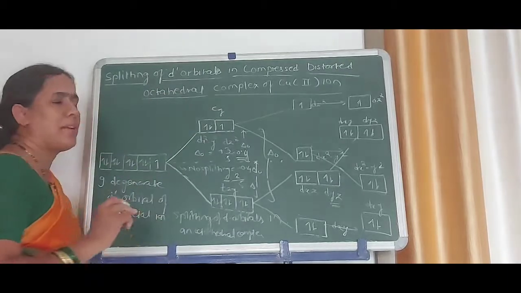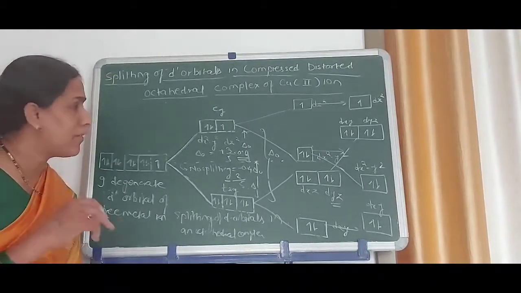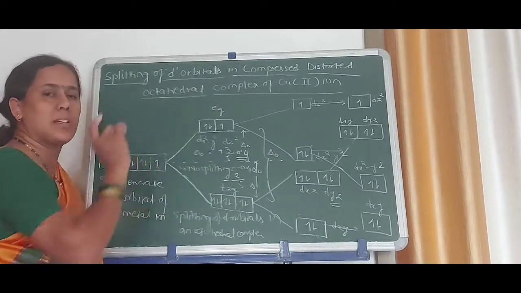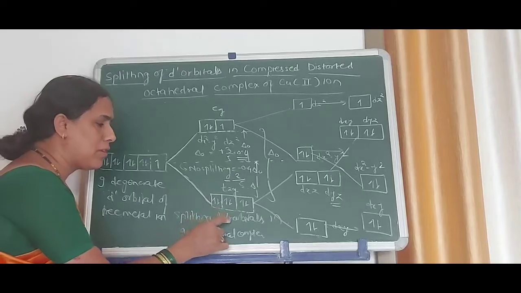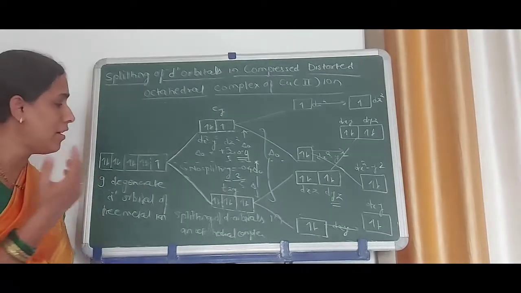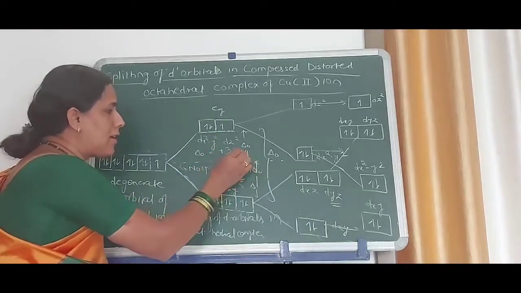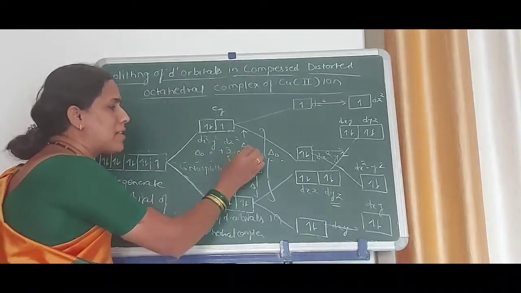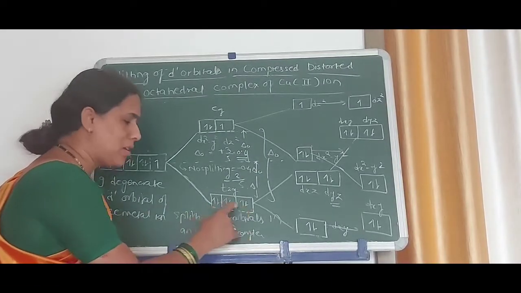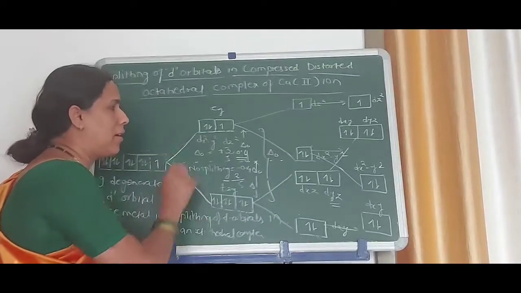As the Eg orbitals are located along the axes, there is a large repulsion in the Eg orbitals in comparison with the T2g orbitals. Therefore the Eg orbitals acquire higher energy than the T2g orbitals. How much higher? Plus 0.6 delta octahedral. And the T2g orbitals, having less repulsion, have energy of minus 0.4 delta octahedral.